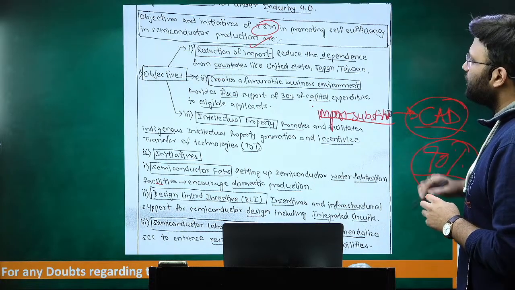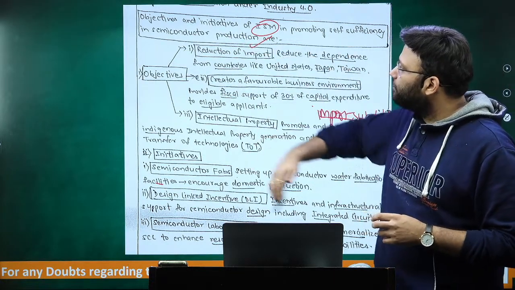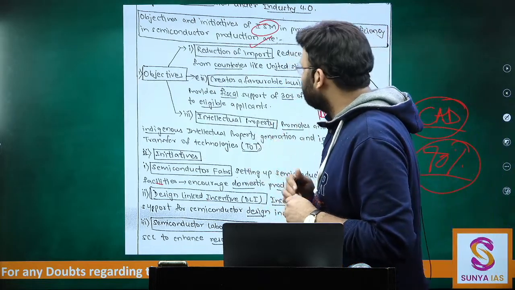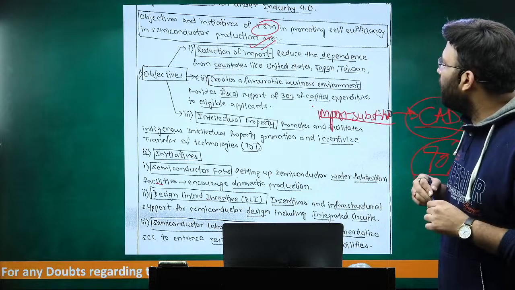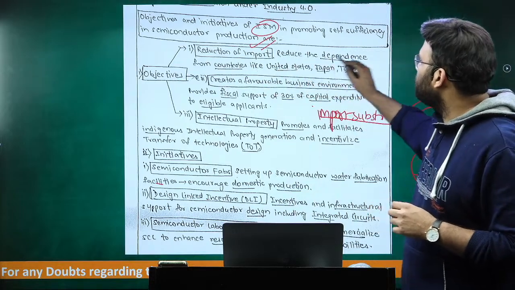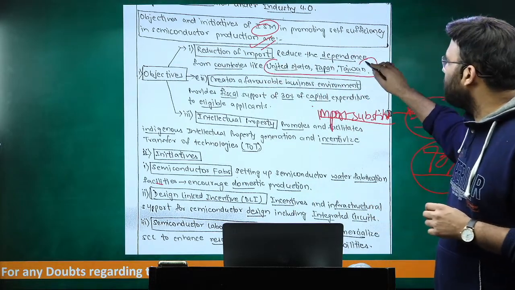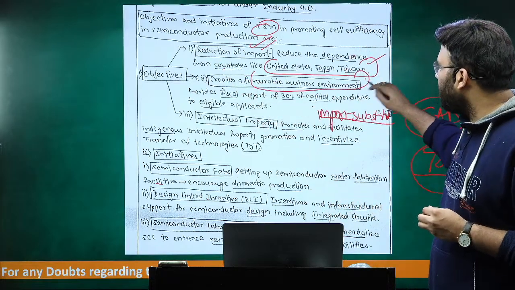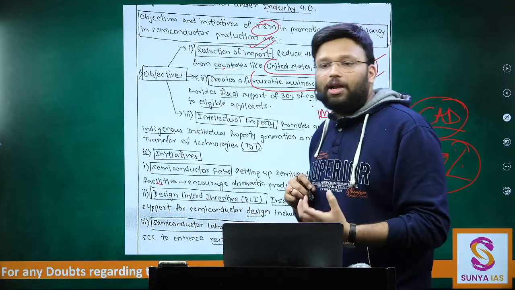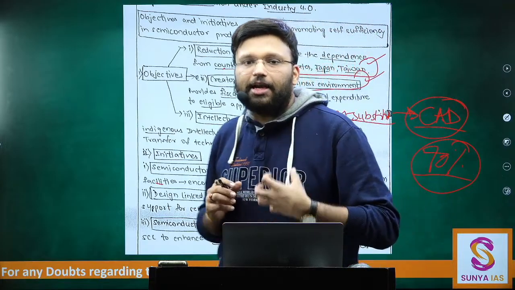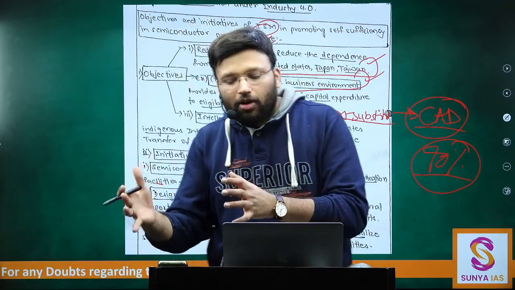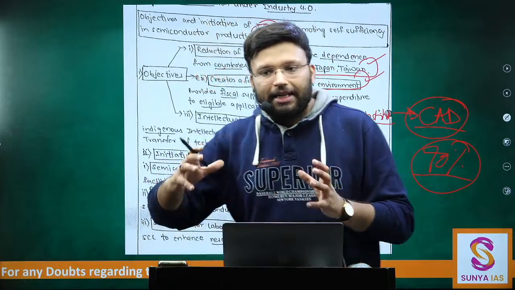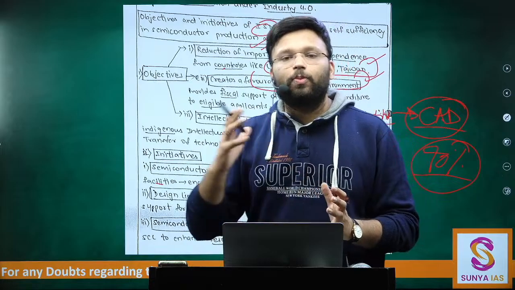So we were discussing what the features are. How can we present that idea? Reduction of imports we can do. For example, reducing the dependence on countries like USA, Japan, and Taiwan. Then it creates a favorable business environment. How we are looking to create semiconductors within India so that any investors who are coming into the country can get the semiconductors from within the country.